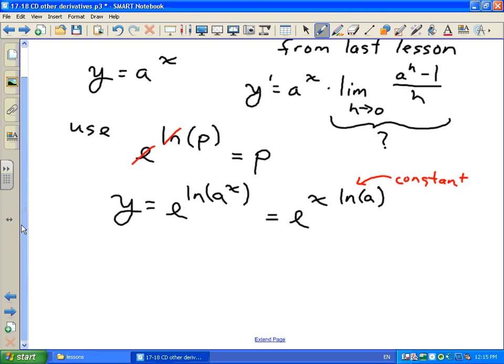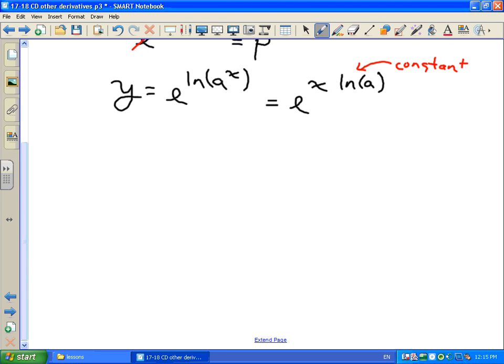To emphasize that, let's rewrite this slightly: e to the (ln a) times x, where ln a is just some number. We know how to take the derivative of this. We've got a composite function, with this function ln a times x up in our exponent.